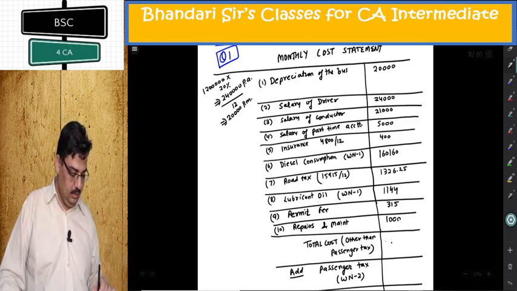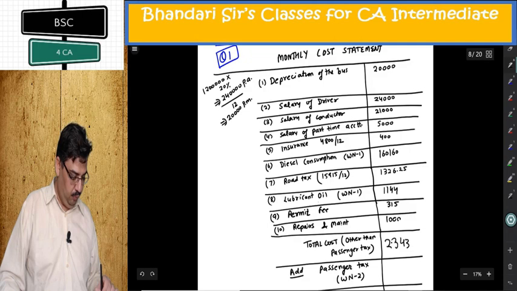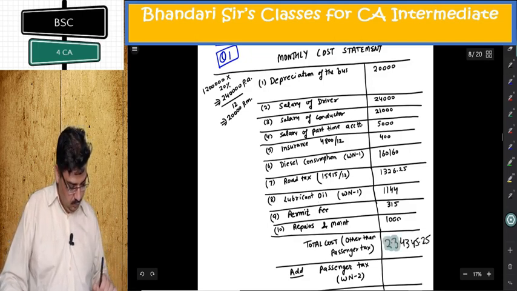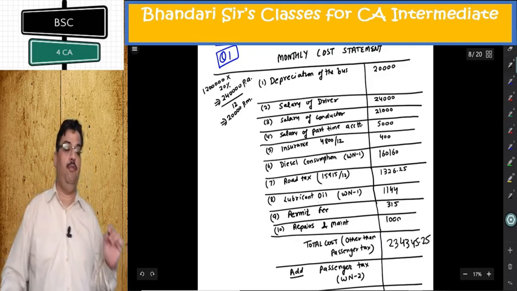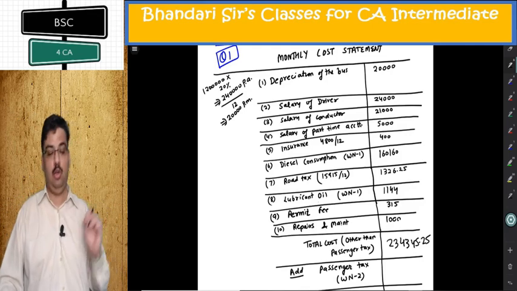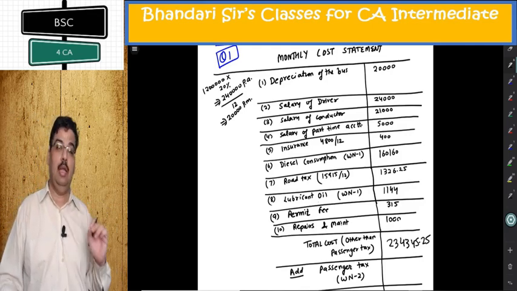So I am getting 234,345.25. You can check there. That is the total monthly cost I am getting here.